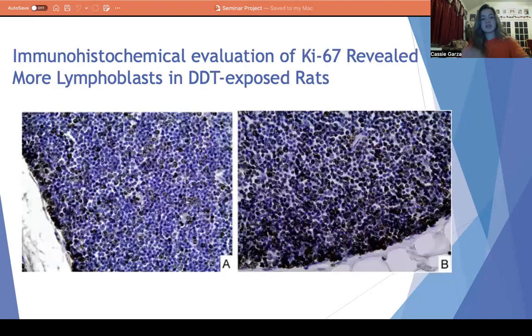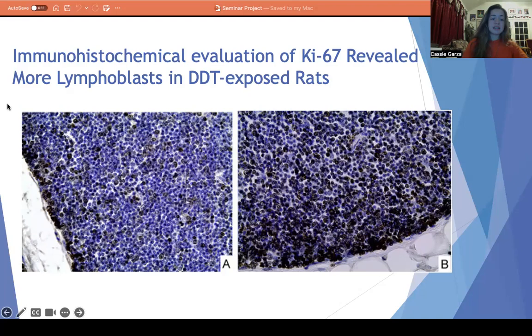Moving on to the next one. This is actually just the images from the last slide, the microscopic images of the immunohistochemical evaluation of the Ki-67. A represents the control group, and B represents the DDT exposed group.